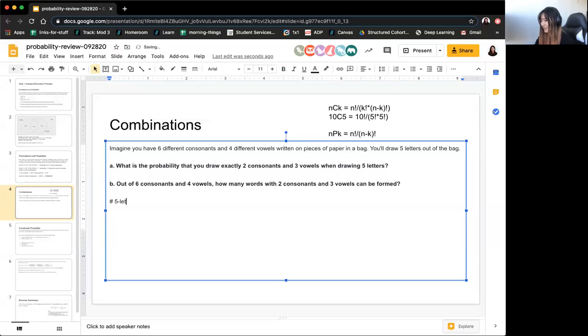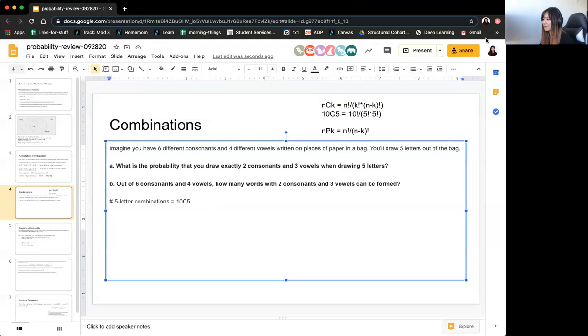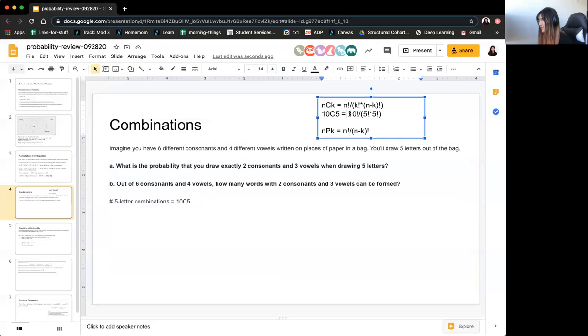The number of 5-letter combinations is equal to 10 choose 5. And 10 choose 5 is just another way of saying this formula, the combinations formula, the number of ways of choosing 5 out of 10. I'm going to write it like this because it's easier to type out, but it really translates to this formula.